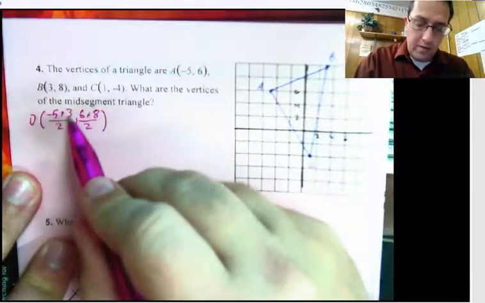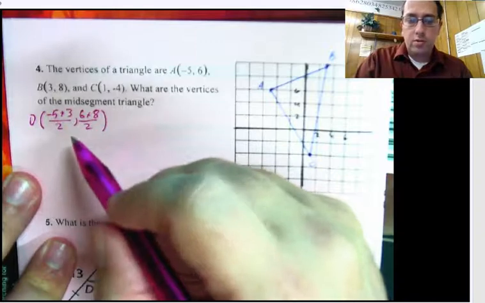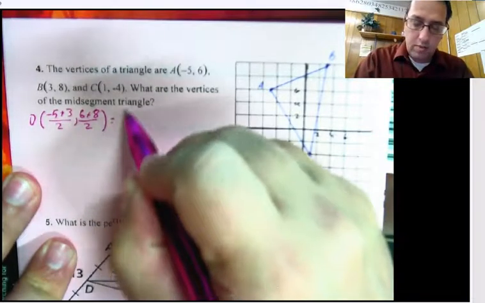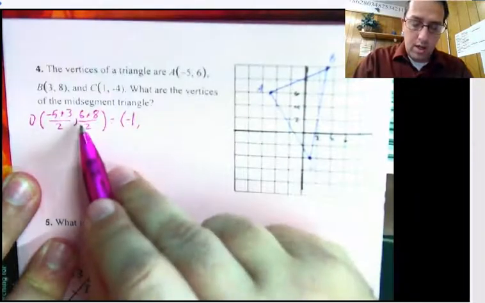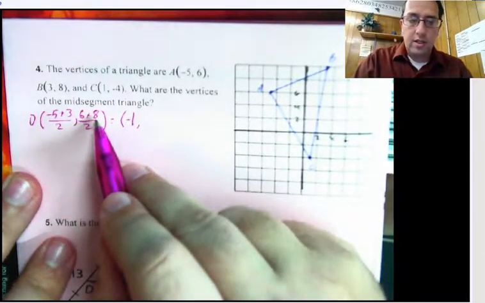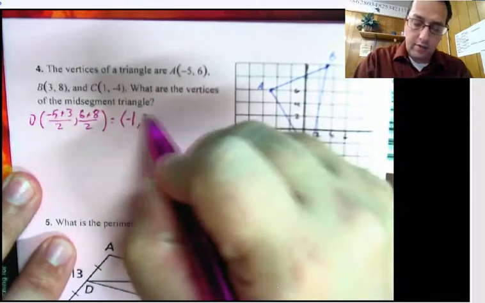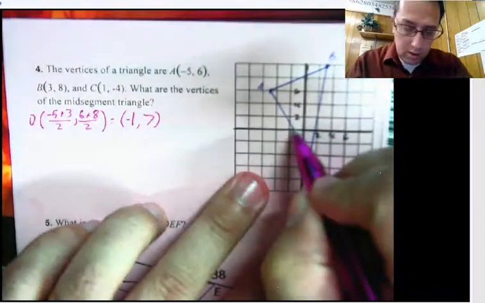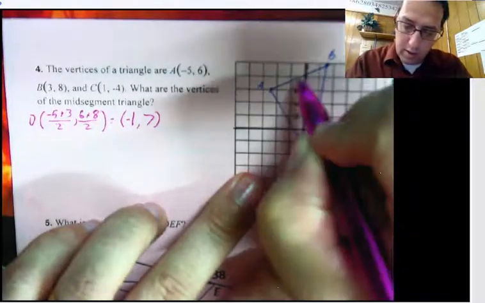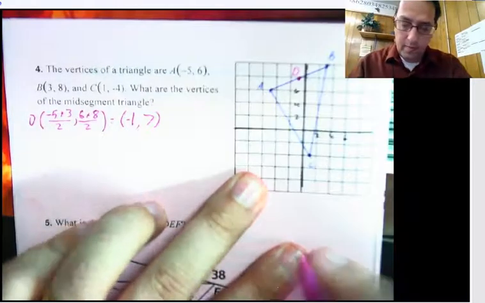All right, so -5 plus 3 is -2, divide by 2, and so this is going to be -1. And then 6 plus 8 is 14, divide by 2 is 7. So that's my first midpoint, at -1, 7, right there, and we'll call that point D.